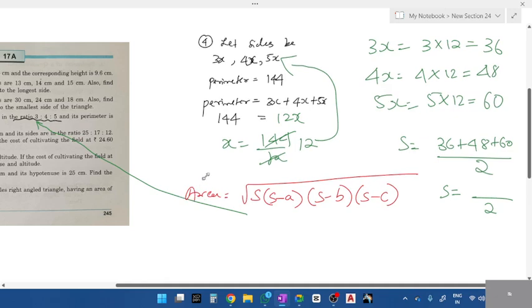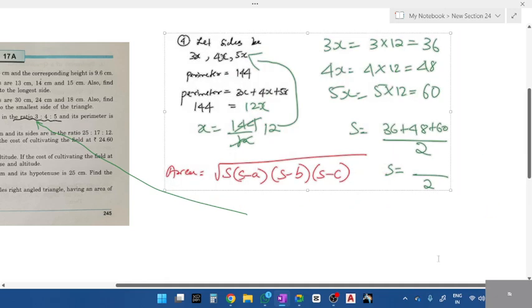What is S, students? 72. So 144 divided by 2.